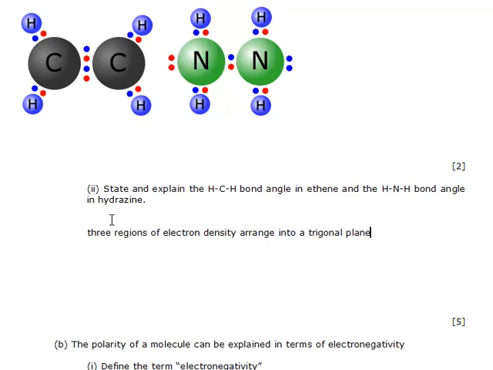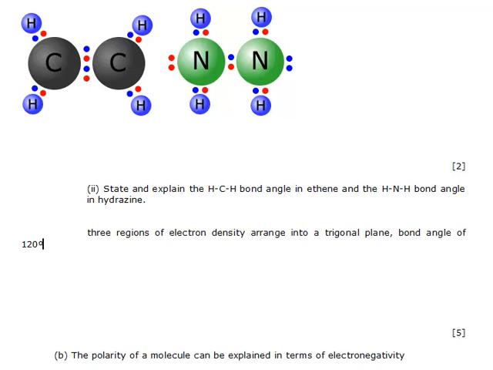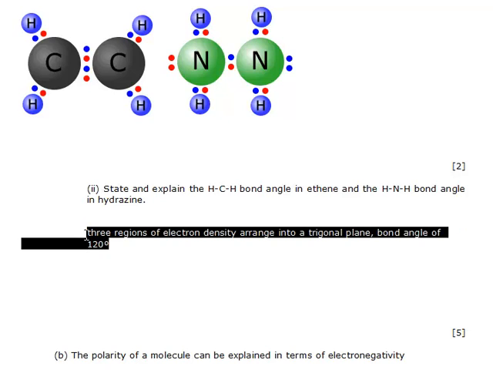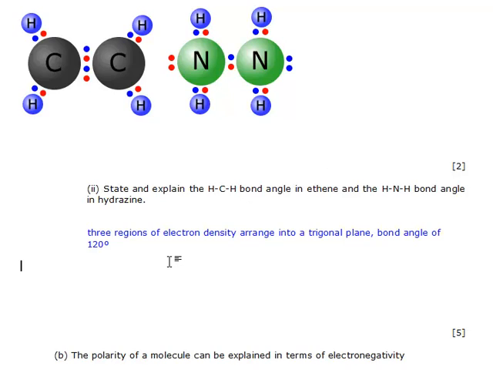Trigonal plane. This has got a bond angle of 120 degrees. And that's why the HCH bond angle is going to be 120 degrees.